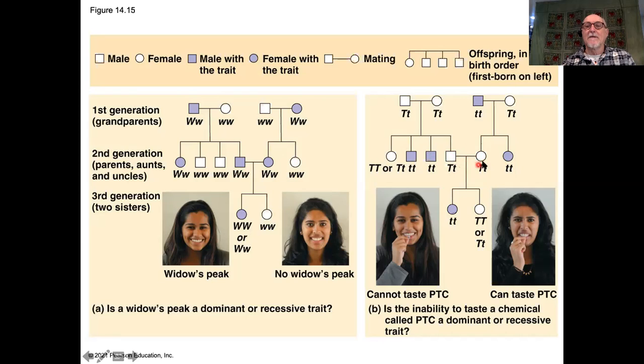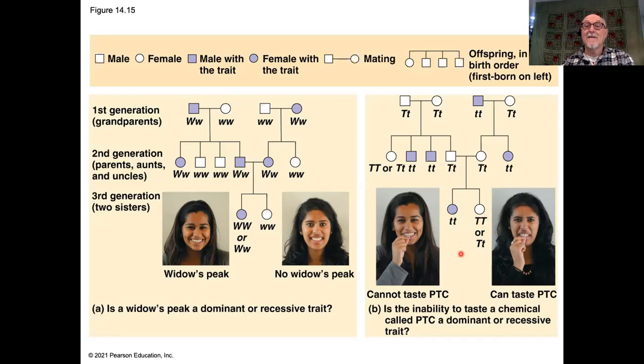So this is a taster. She's a taster. She is a non-taster. So is the inability to taste a dominant or a recessive trait here? It is a recessive trait there. Here are our two heterozygotes, and in the homozygote or in the heterozygote here, she can taste.